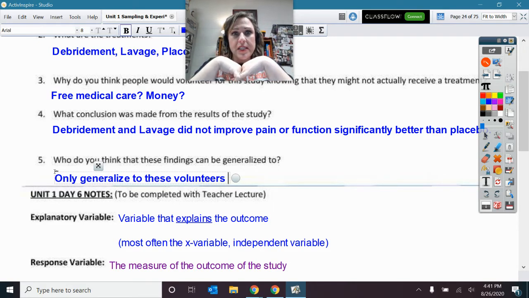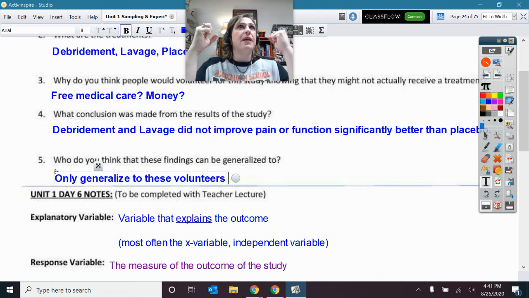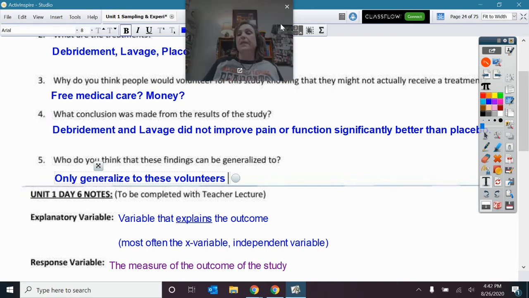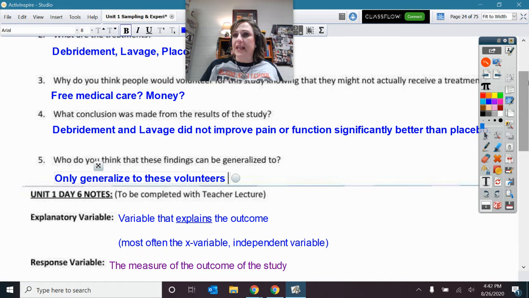These volunteers might have been more desperate. These volunteers might have been more anxious to have some kind of improvement. These volunteers might be more regimented with their improvement processes and physical therapy and those kinds of things. So we can't necessarily generalize to everybody, because it's just the people who are like these volunteers. Okay, so interesting, and we'll get more into that in a little bit.